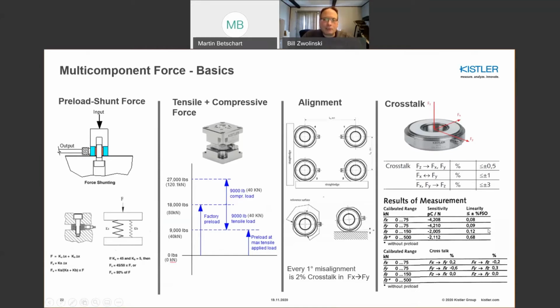And then lastly, crosstalk. I show here a sensor that's got a data sheet crosstalk. But if you go look at what the calibration cert says, you're within, say, 0 to about 0.6% crosstalk in reality. So it's not uncommon. Kistler is quite conservative in their specs, but the proof is in the calibration cert when you see the crosstalks.